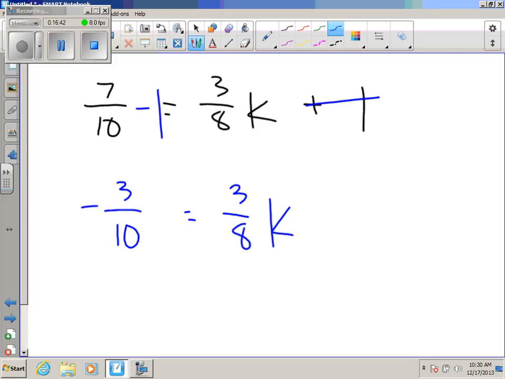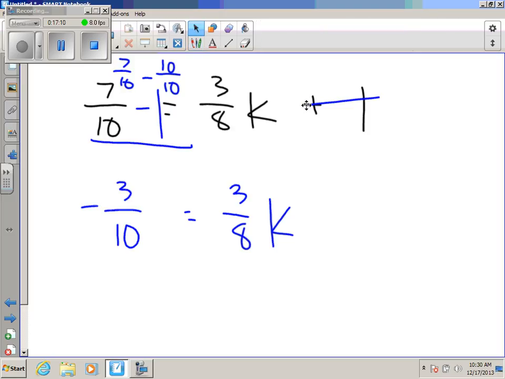3/8 K, right? How have you got the negative 3/10 part? Yes? Okay. Sophia? No? 7/10 minus 1. What I'm saying here is if you know you have 7/10, 1 is like saying 10/10. Okay? 7 minus 10 would put you at the negative 3. Now from here, K is being multiplied by 3/8.